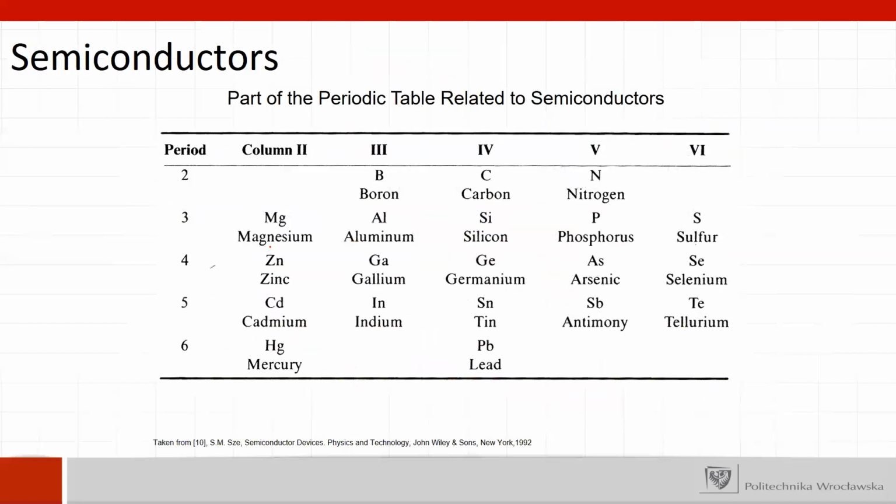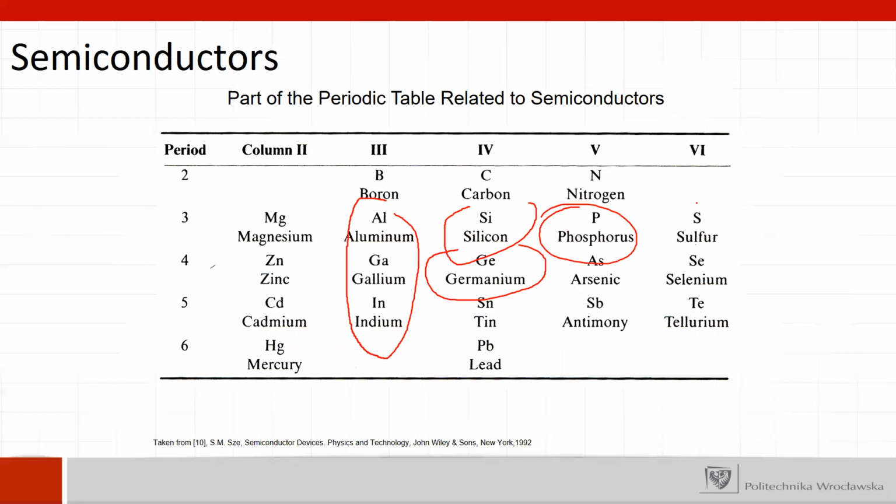So I will go back maybe quickly to the list of the most important semiconductors used in optoelectronics. Of course, silicon, but also germanium, and aluminum, gallium, indium, and also phosphorus.